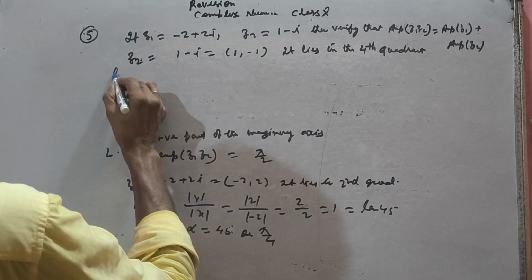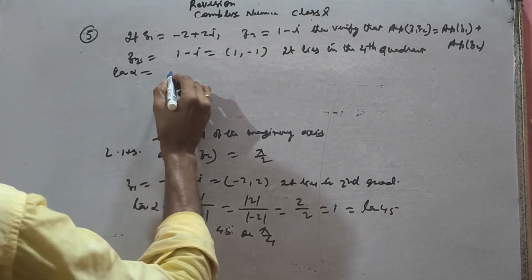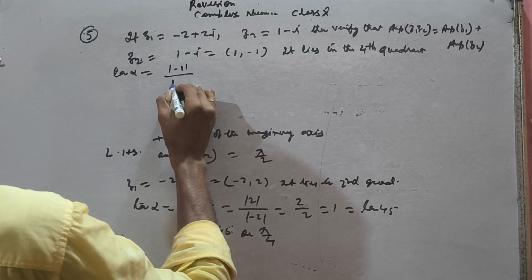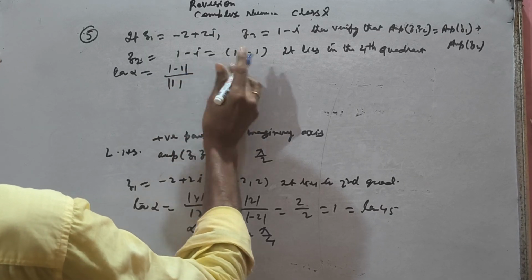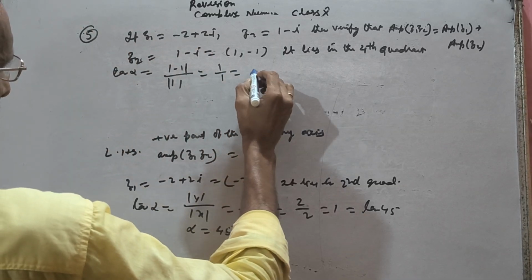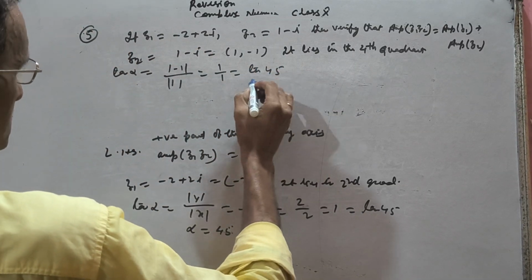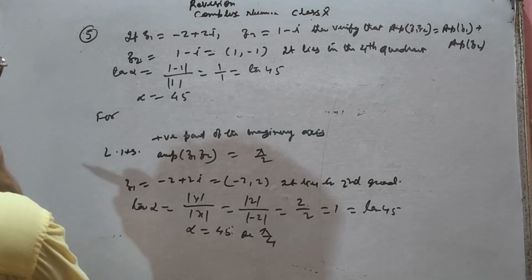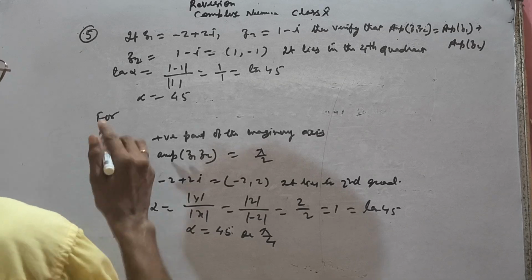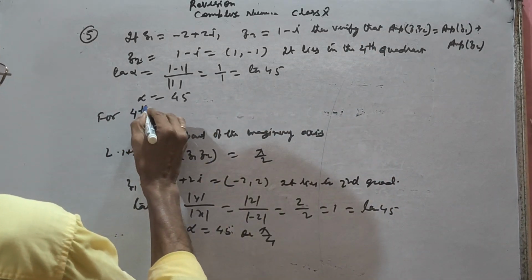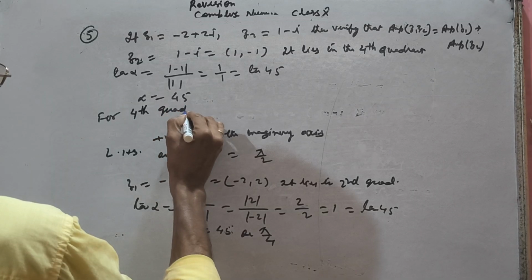Now find tan alpha. Tan alpha equal to modulus -1 by modulus 1. So this is 1 by 1 equal to tan 45 degree. So alpha equal to 45 degree for the fourth quadrant.